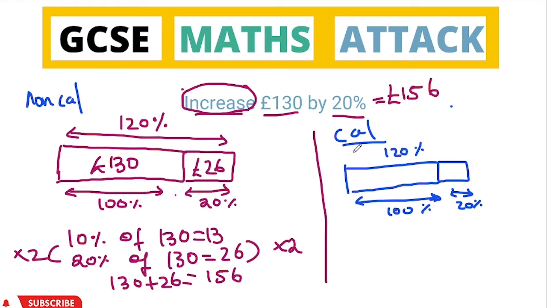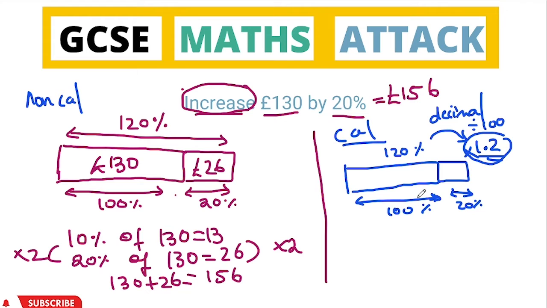This is a percentage, and I need to change it into a decimal. Going from percentage to decimal, I know percentages are out of 100, so I divide by 100. That means I get 1.2. Now my multiplier is actually 1.2.